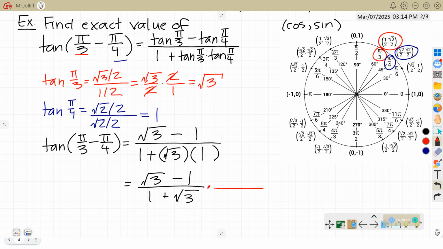And I'm going to use the fact that I know that A plus B times A minus B is a special factoring pattern. That comes from a difference of squares.